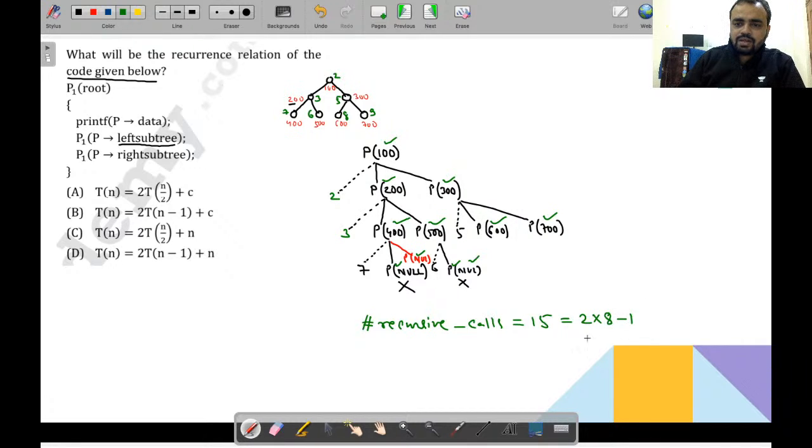You can write the 15 like this, 2 into 8 minus 1, so it will become 2n minus 1, where n is equal to input size.